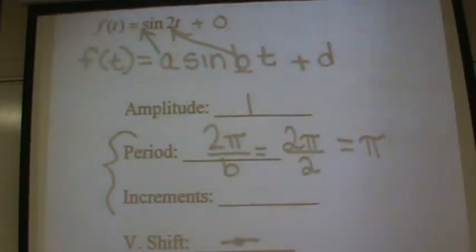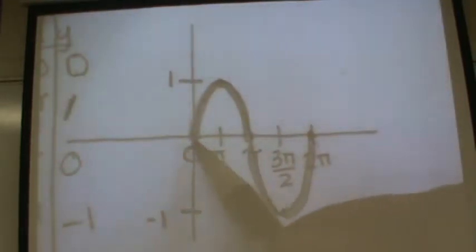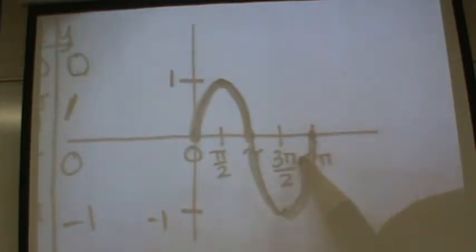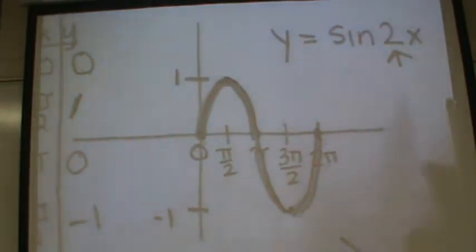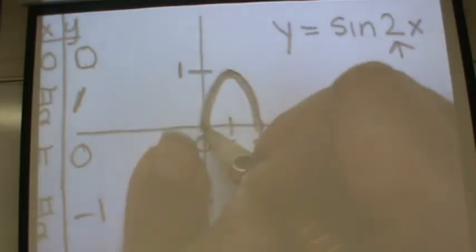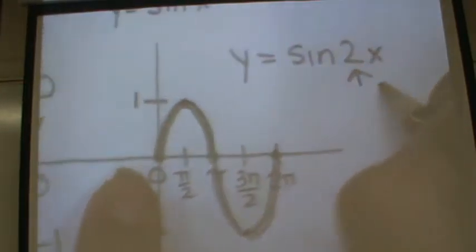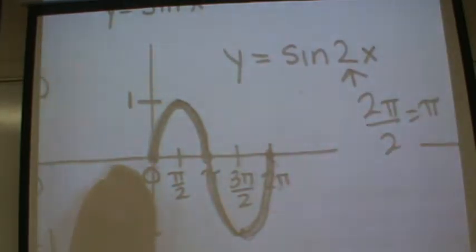So if you look at this graph that we did a few minutes ago, we went from 0 to 2 pi in 4 increments. Now, by giving you this problem, this is going to make it go quicker. I am going to go on, above, on, below, on, by the time you reach pi. So this is my graph.